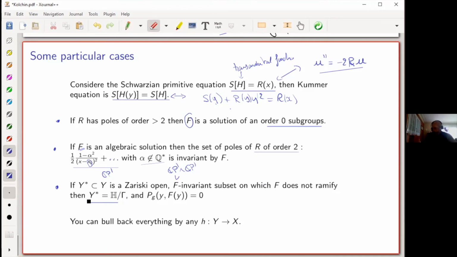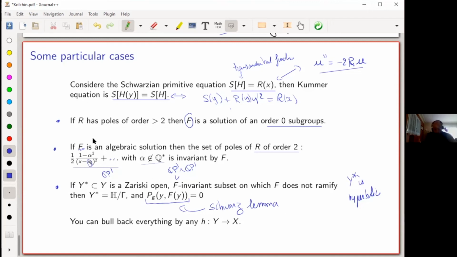Or maybe I need a hypothesis: I need there to be more than 3 points, so Y hat is hyperbolic. Then you can always find a subgroup gamma such that this is a quotient of the upper half plane, but you get this for free from the Schwarz lemma, which gives you the automorphisms of the disk.